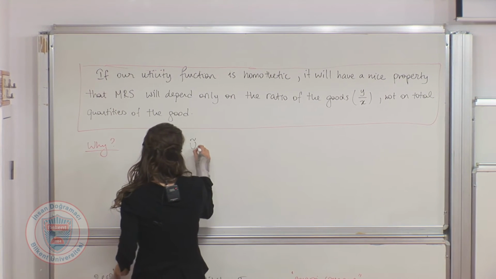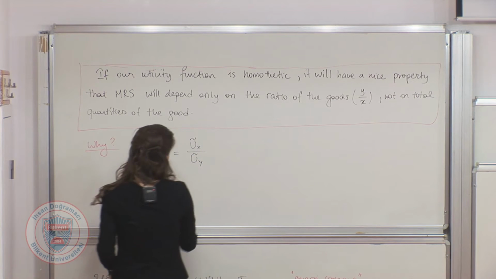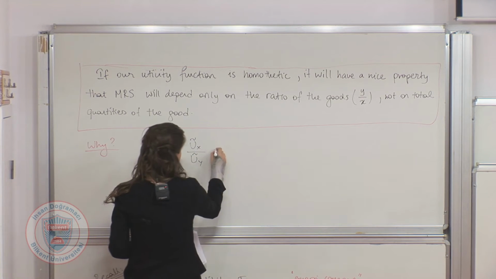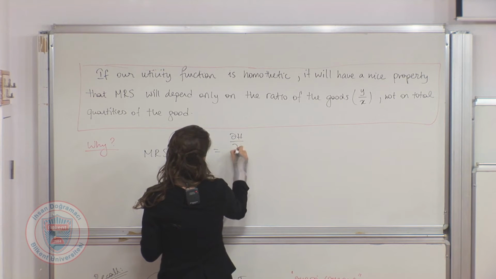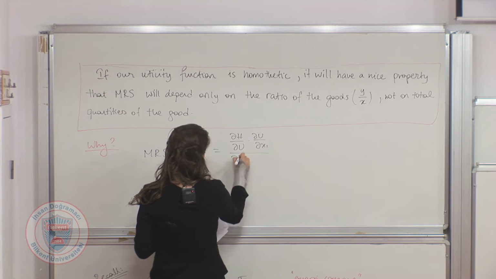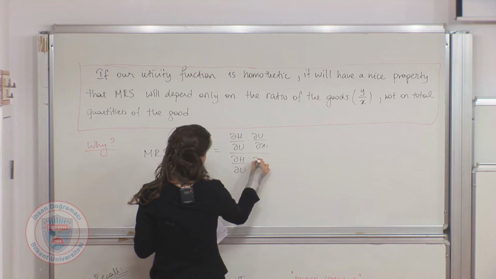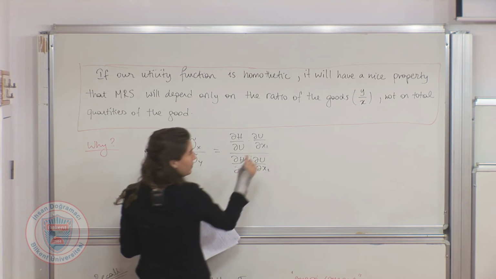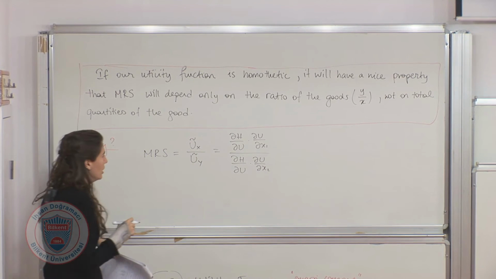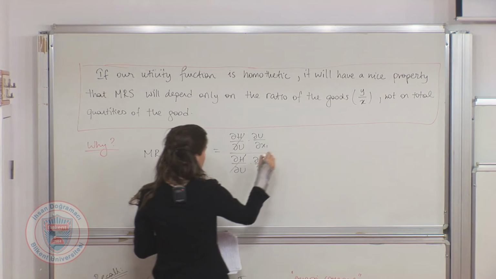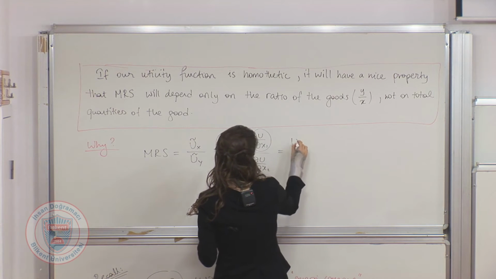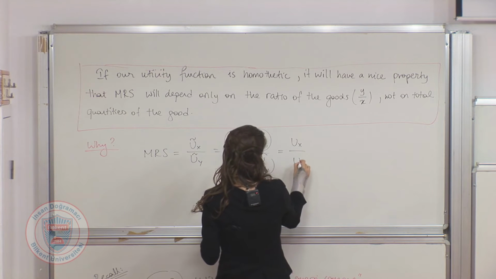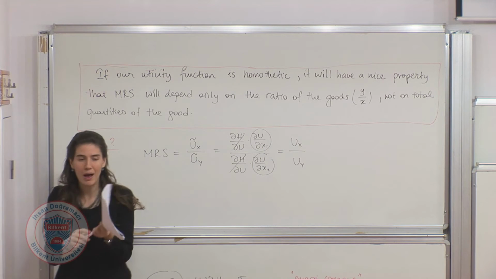Basically, the ratio of the partial derivatives, u tilde x over u tilde y, is del h del u del x1 over del h del u del x2. This we have proved before, remember? So these cancel out, and we are left with u of x over u of y.